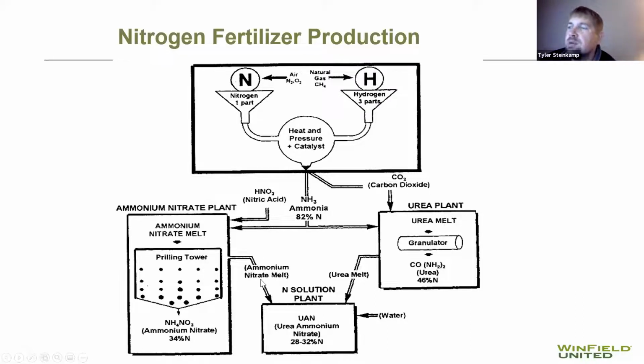However, we can combine that ammonium nitrate and the urea to make UAN. This is why UAN is generally the more expensive version of nitrogen, because the urea and the ammonium nitrate are combined to make UAN.